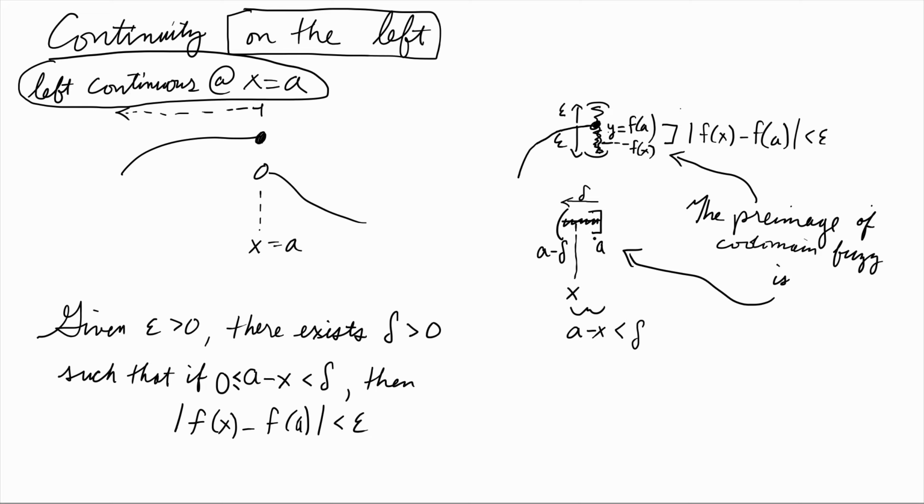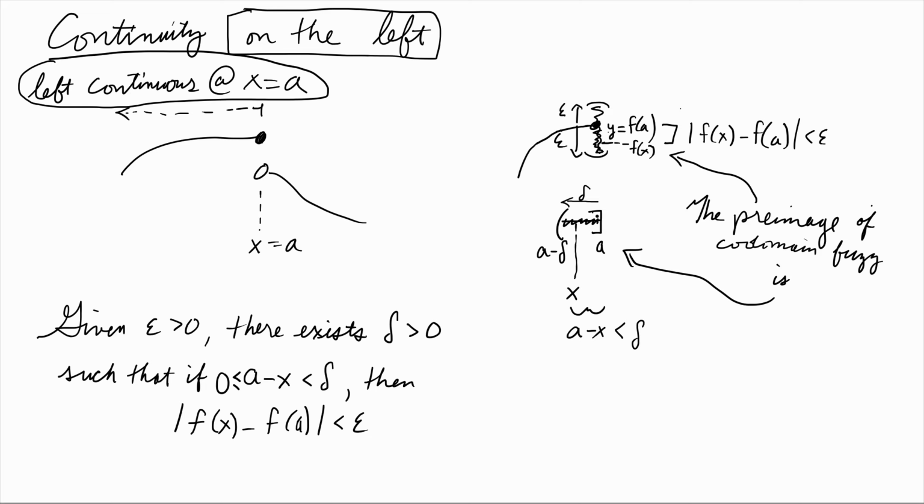So what we would like is that left half fuzz from A. We're being left continuous at A, so left half fuzz, meaning we're not having a symmetric interval. We're not going to have something coming up on both sides of A, but just to the left of A over here.